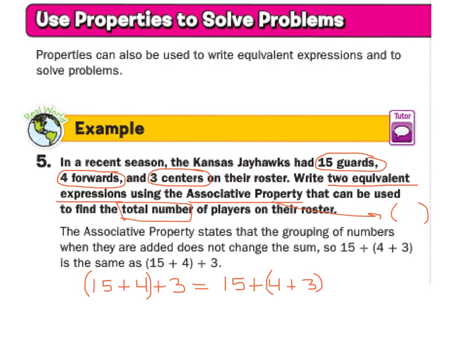Because 15 plus 4 is 19, plus 3, and that gives us 22. And 15 plus 7 is also 22. So they are equivalent, and all I did was move my grouping symbols from the first two numbers to the back two numbers. And that's using the associative property.